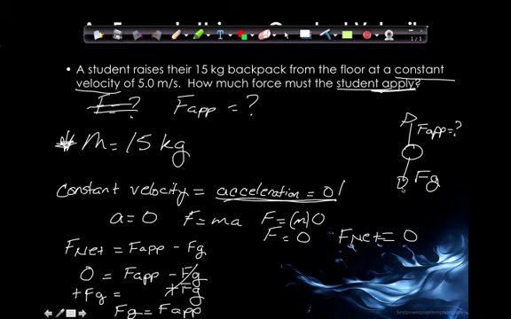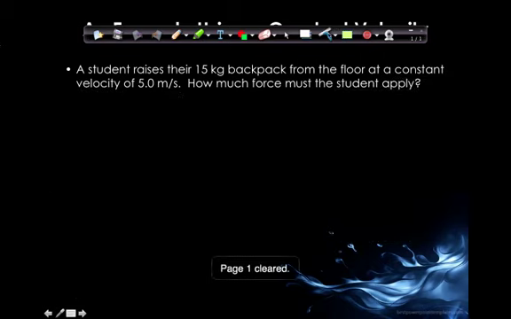We know that the force of gravity is going to be equal to the force applied. So that means we can solve for force of gravity, and that's equal to the force that the student applies. All right, so let's solve this.